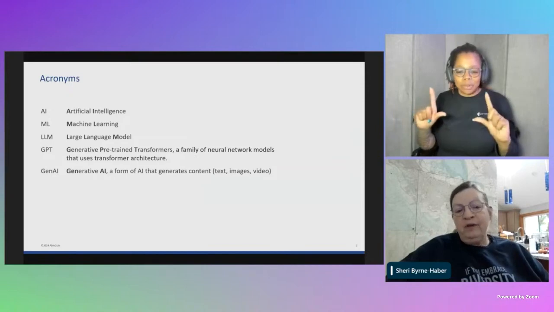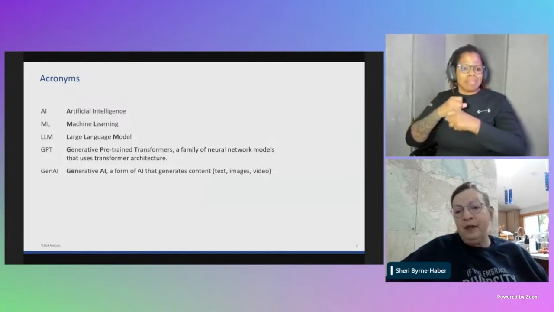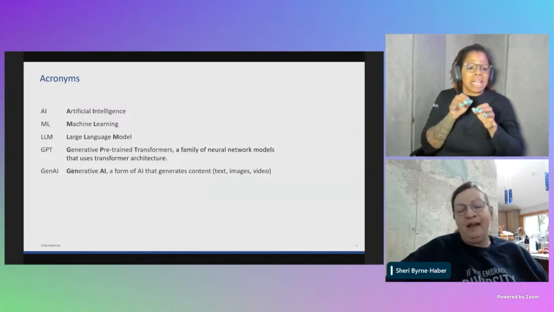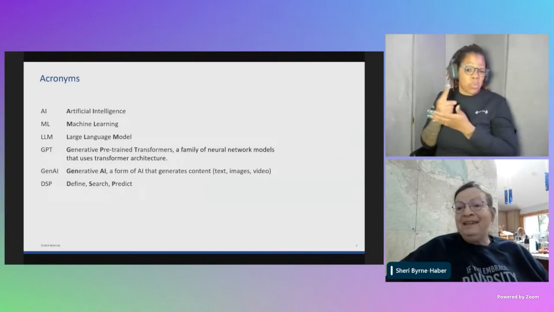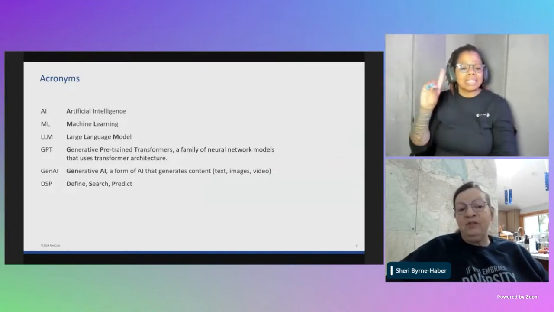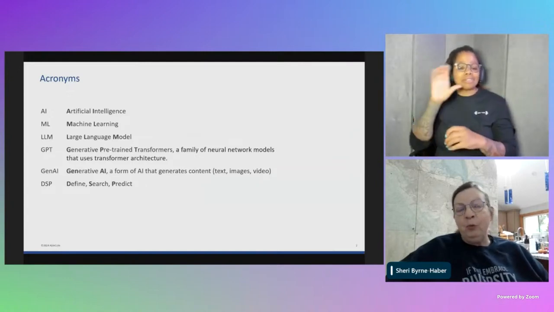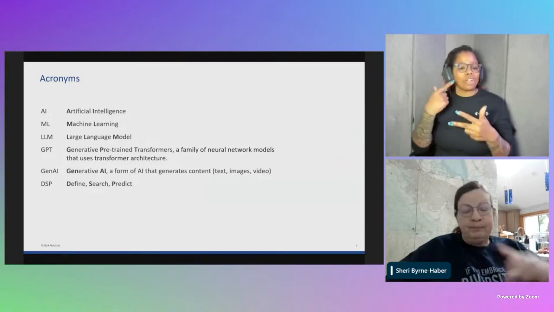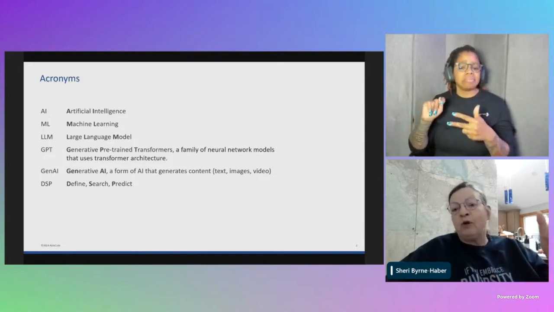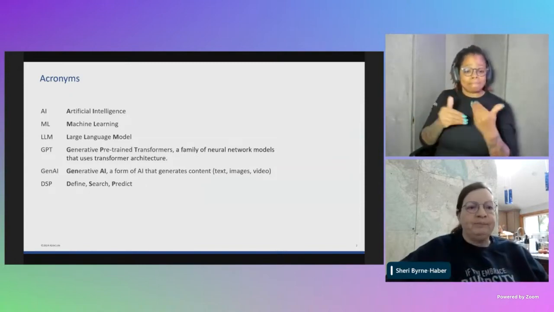Gen AI, generative AI, is the type of AI that generates content, and that content can be text, images, and video as of about a week ago. And finally, DSP stands for define, search, and predict. That has to do with the steps that a GPT application uses in order to take your input and answer your questions.